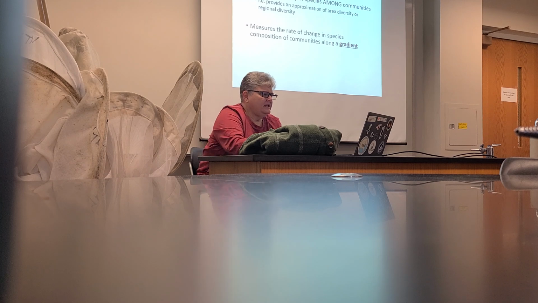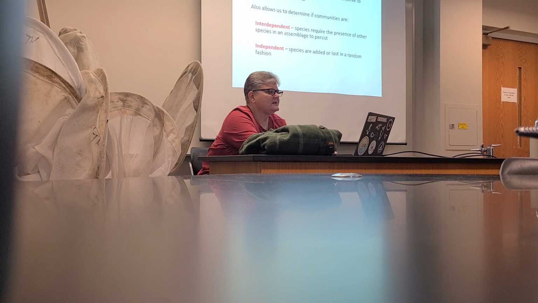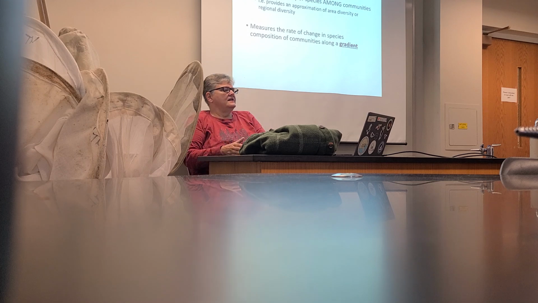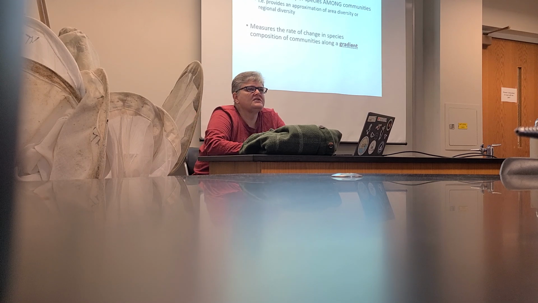Another thing that we commonly do is we measure what's called similarity. You may have run into that before. Similarity looks to see what kind of species two different habitats have in common.